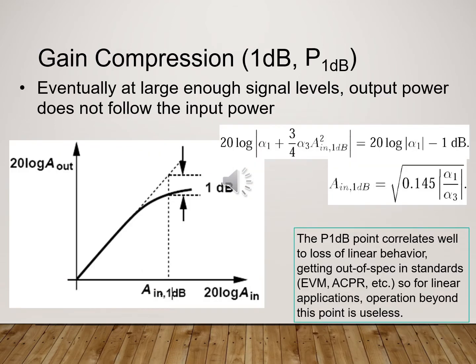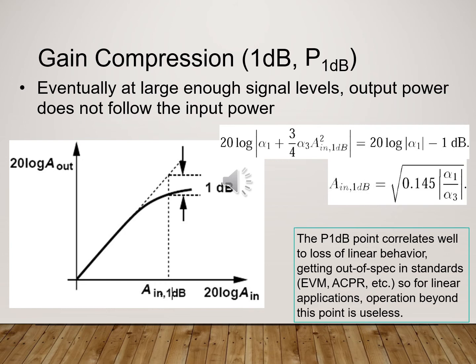Again, compression, our 1 dB point. We covered it earlier in this class. Eventually, at large enough signal levels, output power does not follow the input power, and there is no relationship between them because the approximation becomes nonlinear, and the system will be unpredictable. So the 1 dB point correlates well to the loss of linear behavior, getting out of specification standards.